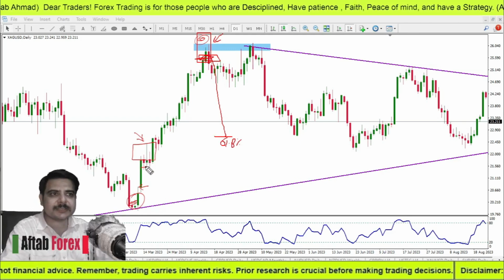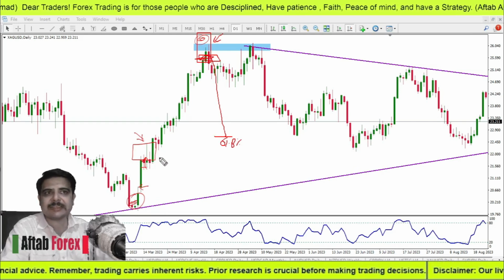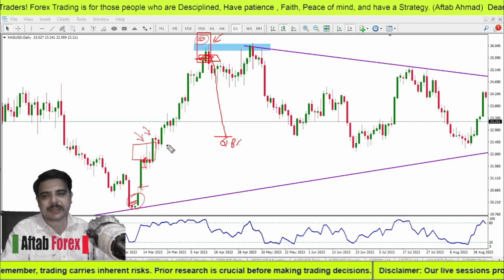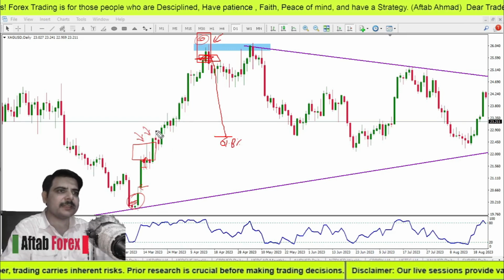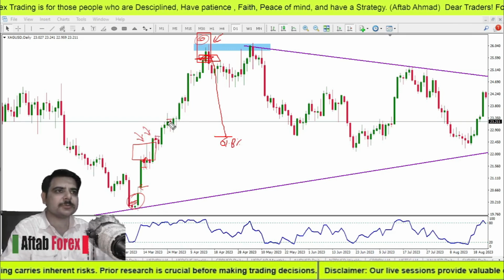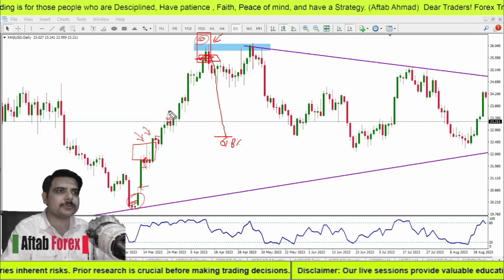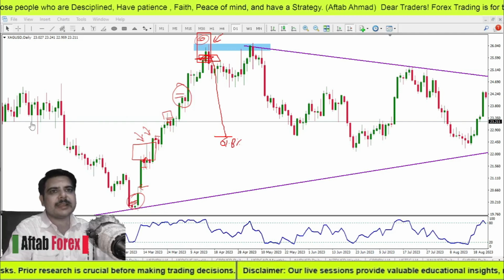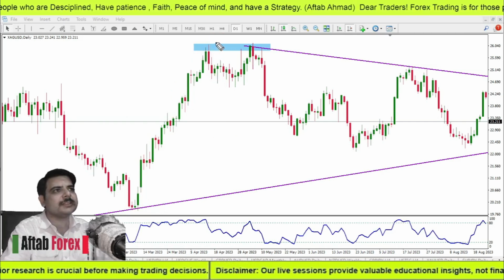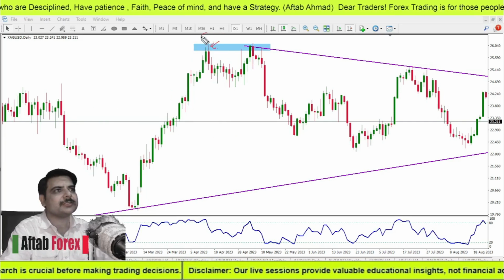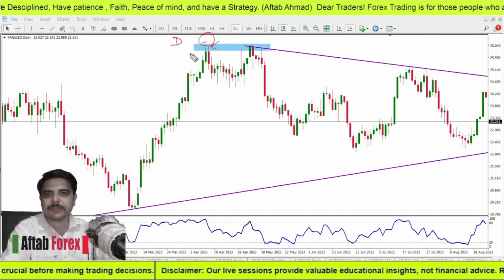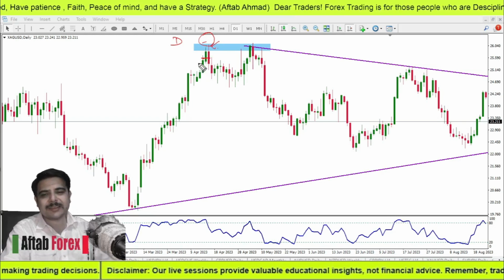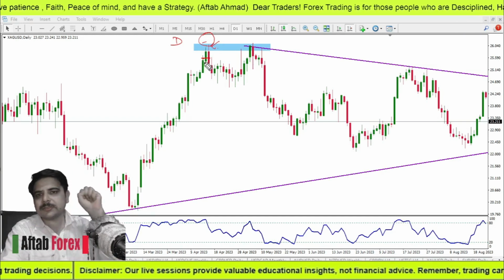Why? Because this candle closed green, which was signaling towards the top, and this bullish engulfing candle obviously took over the market. Then these were smaller candles, see the bodies were almost equal, and this one was even smaller. But if I draw your attention to this particular candle at this zone near point D, what it was suggesting is that it's dropping and now sellers are trying to control the market.